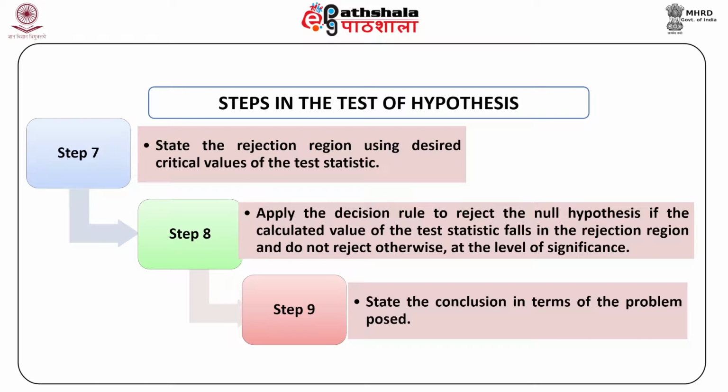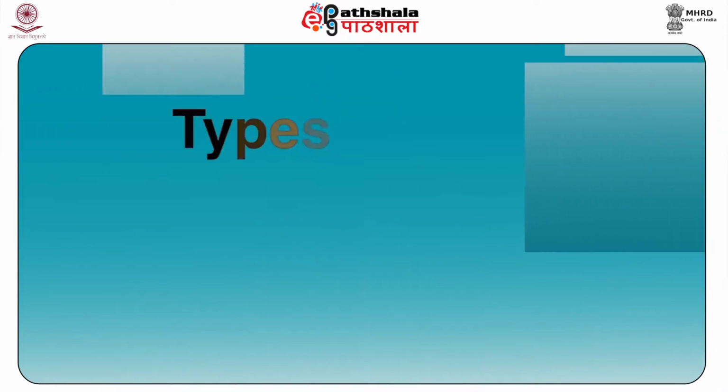The last step, the ninth, is to state the conclusion in terms of the problem posed. It is interesting to note that the sample statistics and the corresponding test statistics used in the test of hypothesis are the same as those used in the estimation problems.